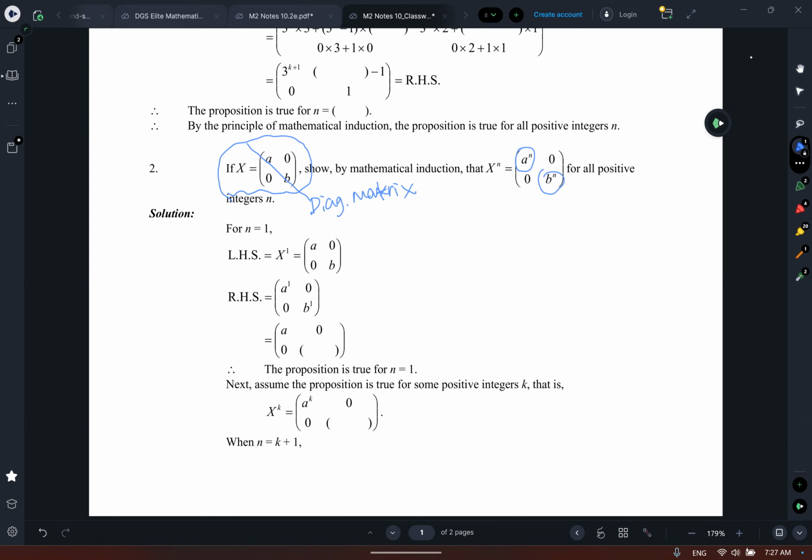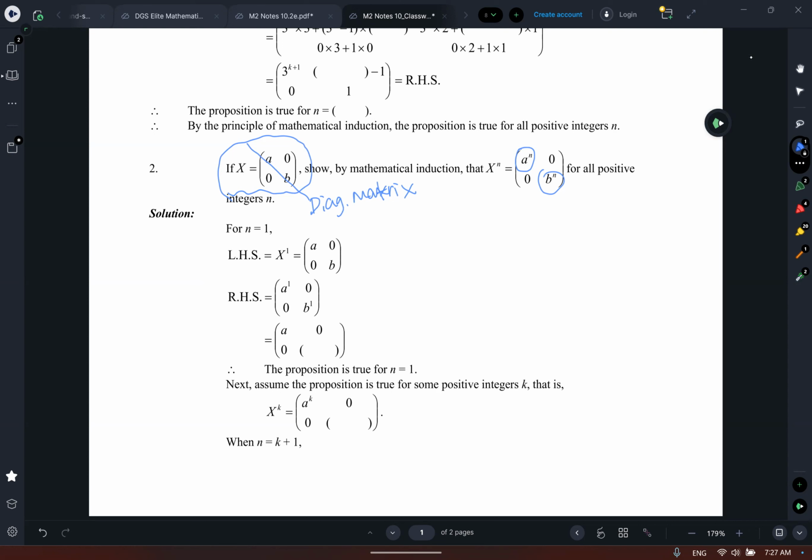What does that mean? After this question, we need to learn that for a diagonal matrix, the power of a diagonal matrix is one step.